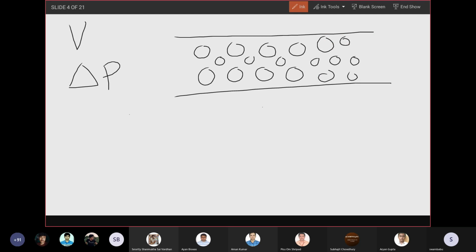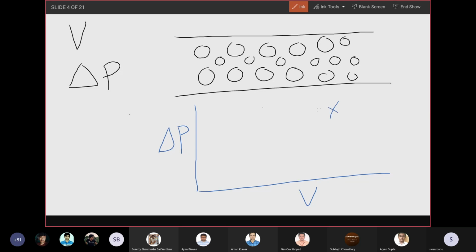So here if I plot pressure drop with velocity, in the y-axis I am taking delta P, in the x-axis I am taking the velocity. Let's say the particles are free flowing, and the pressure drop, let's say this is the point.